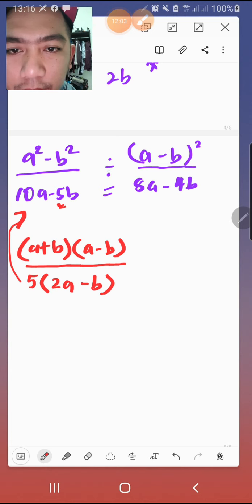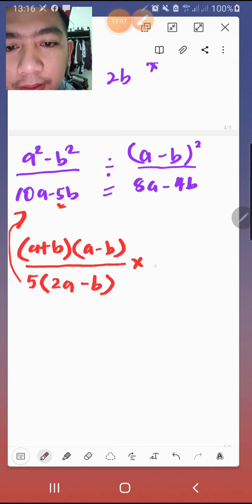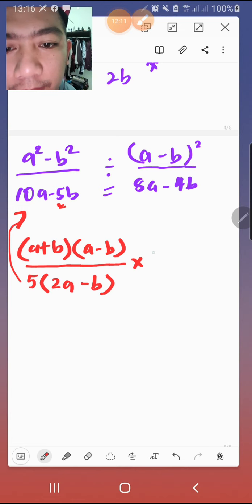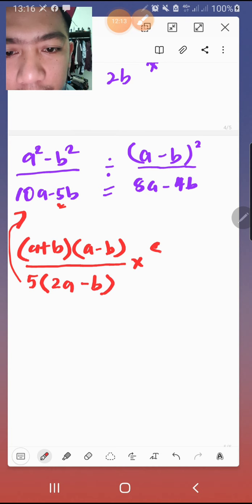Okay. So now divide here, you need to change to multiply. And then the denominator will become numerator, 8a minus 4b. And here the numerator becomes the denominator, a minus b square.